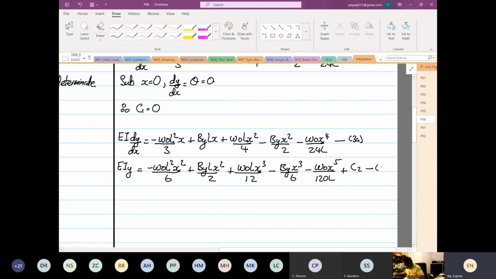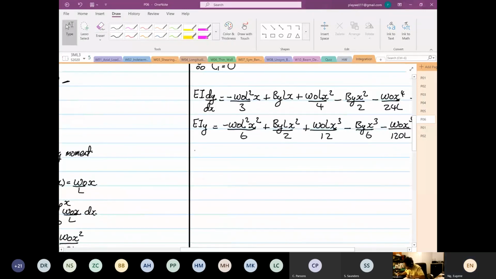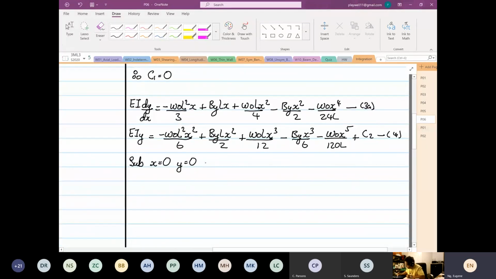This is our equation number 4. We are lucky that we also know that when x is equal to 0, y is equal to 0. So substituting into equation number 4, C2 is also equal to 0.